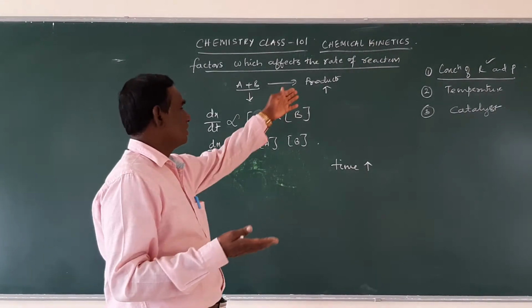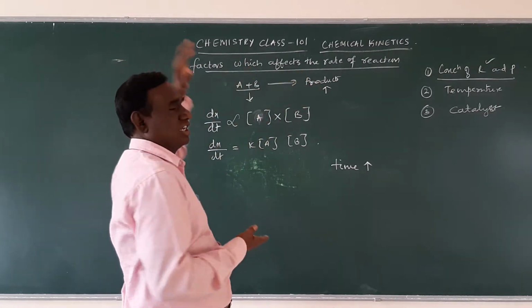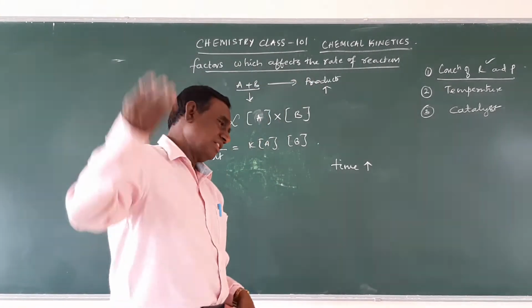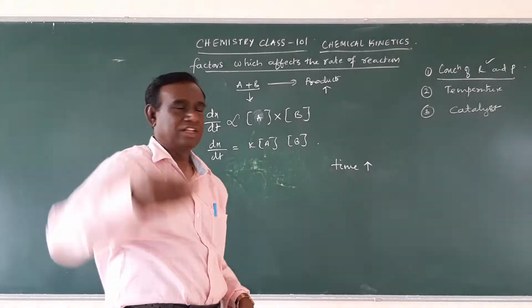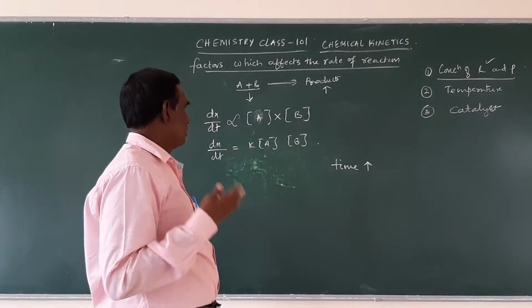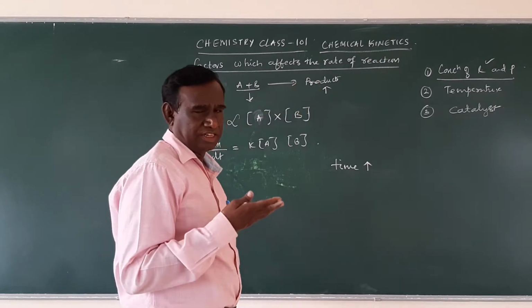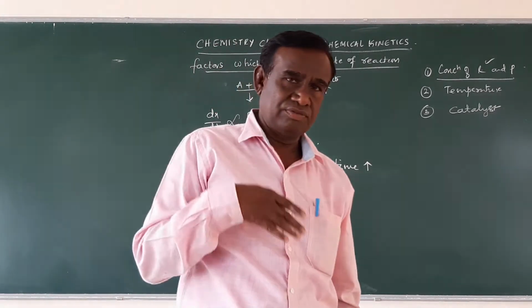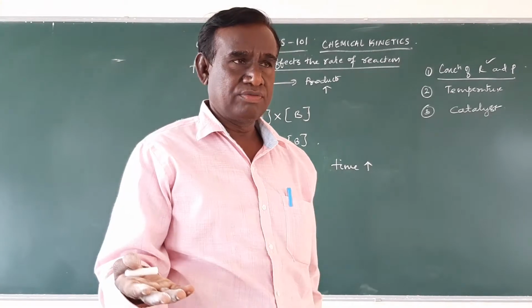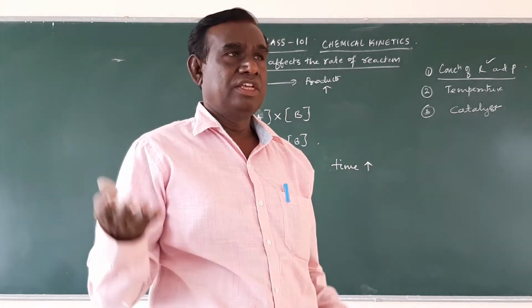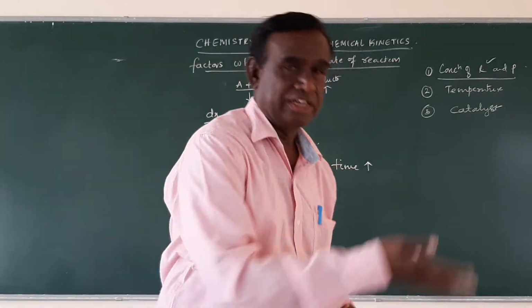If you increase the concentration of the product, the reversible reaction takes place, of course, and that reversible reaction rate also increases. So one factor is the concentration of the reactants. As the concentration of one of the reactants increases, the rate of a chemical reaction also increases.